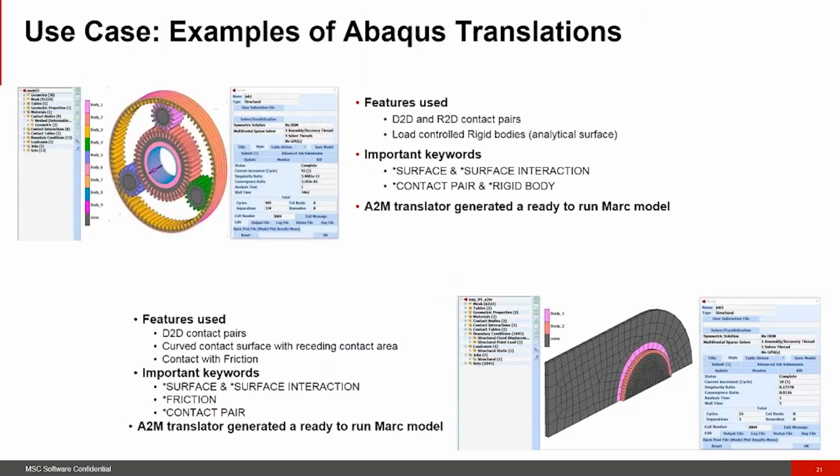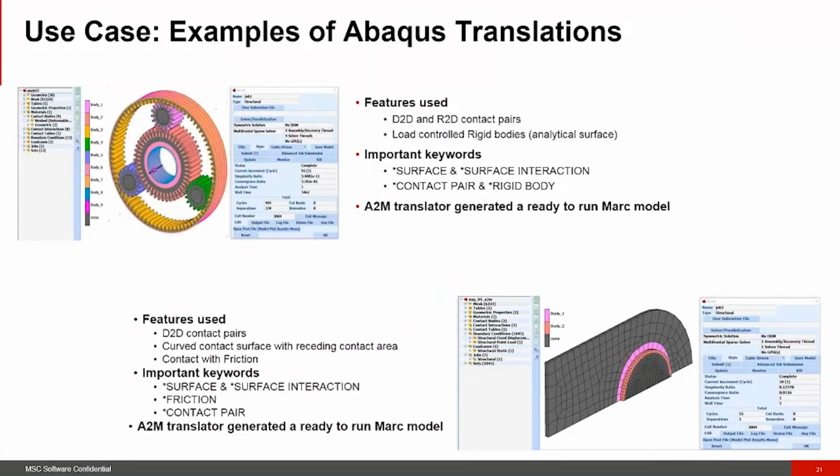Similarly, you can see from the Abaqus point of view, some examples are shown here. We have some keywords that translate nodes or element types from Abaqus to Marc. Contact is something that we want to implement properly, so we see D2D or R2D contact pairs. These are the Abaqus definitions.